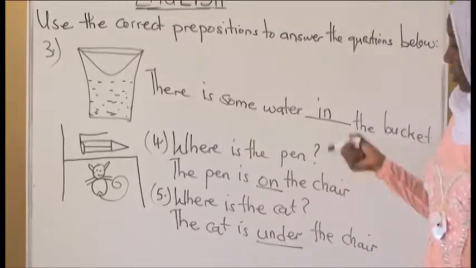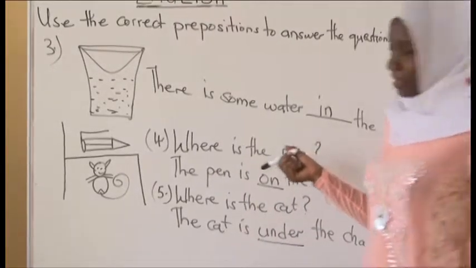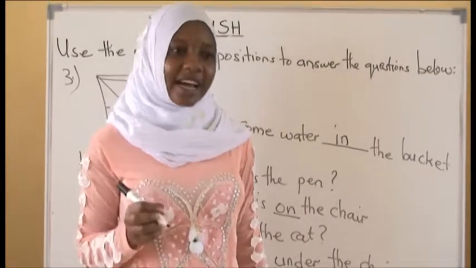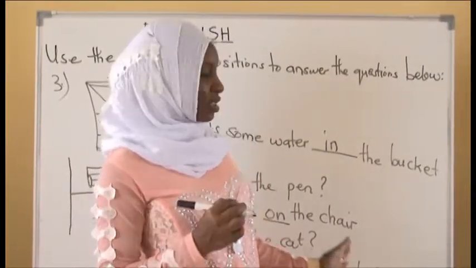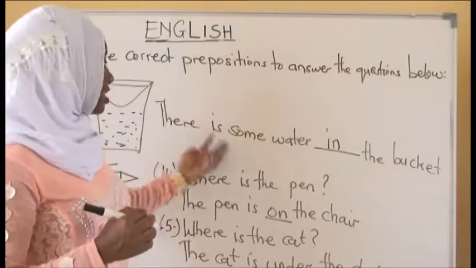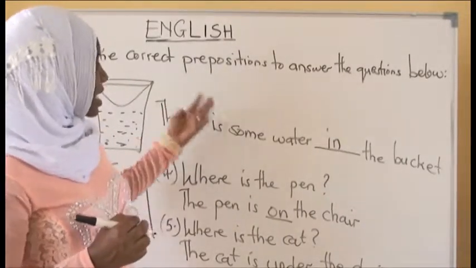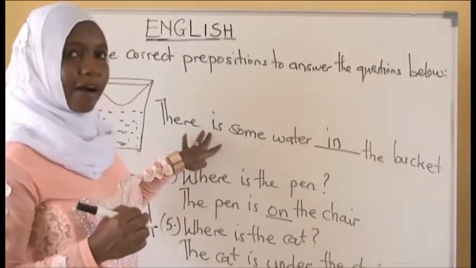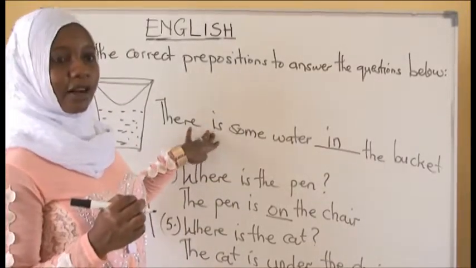So this was what was supposed to be done in answering these questions about expressing locations of things. We talked about inside, outside, on, in, and under as our prepositions for expressing location.